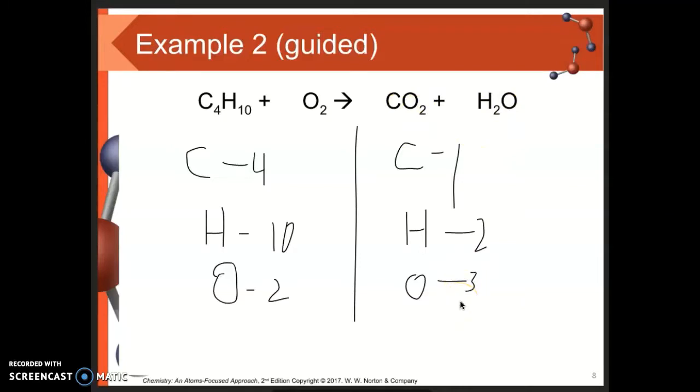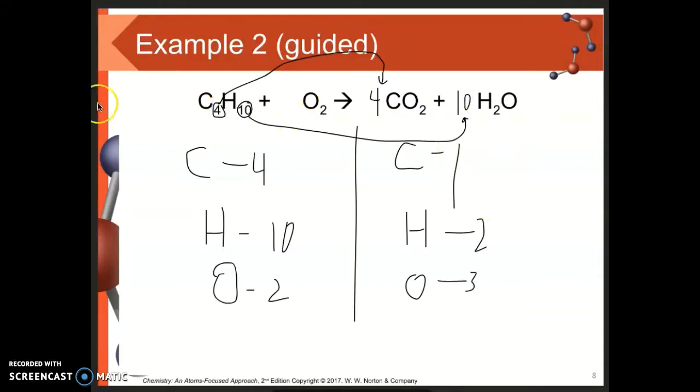Now, if we apply the characteristics that we looked at last time, I've got a pair of subscripts here. If I take those over and turn them into coefficients for the 2 products, that will help with some of the balancing.